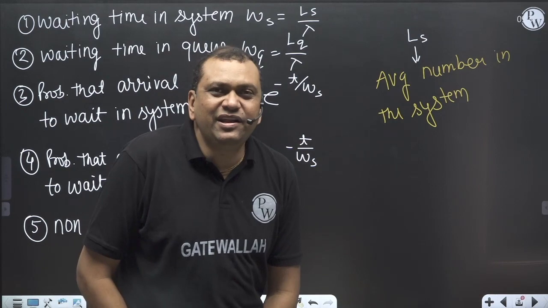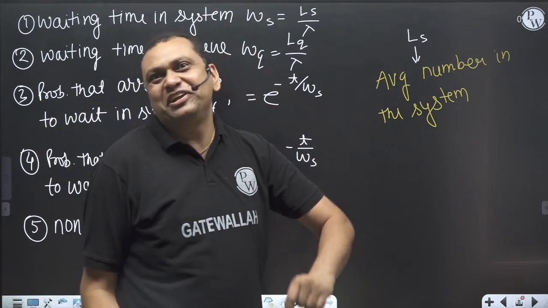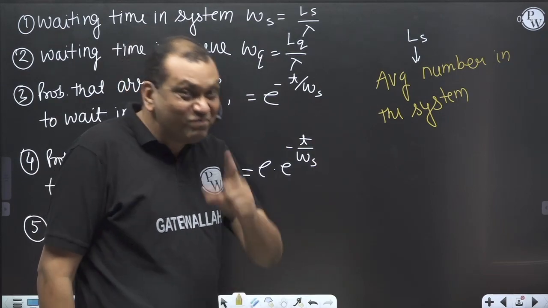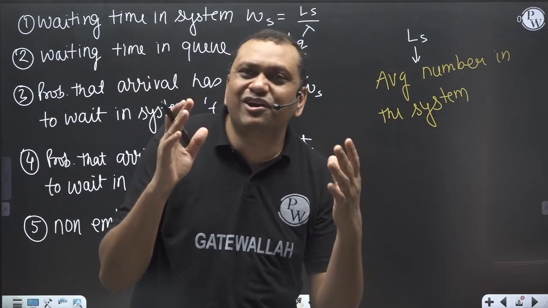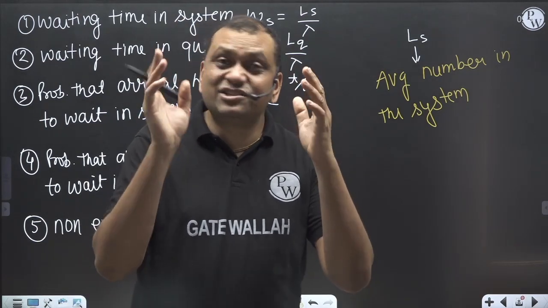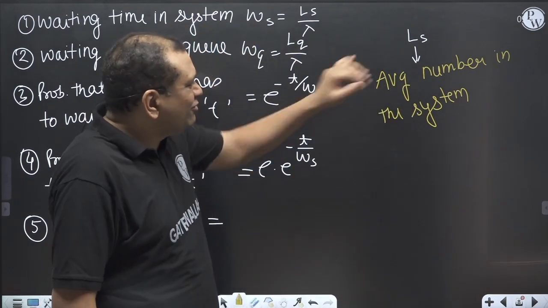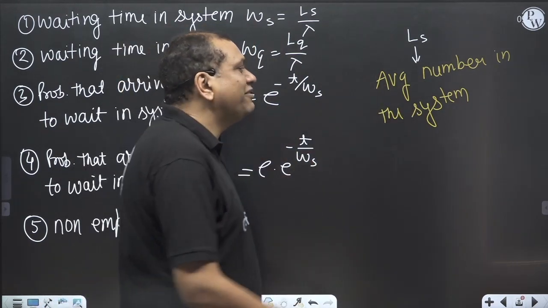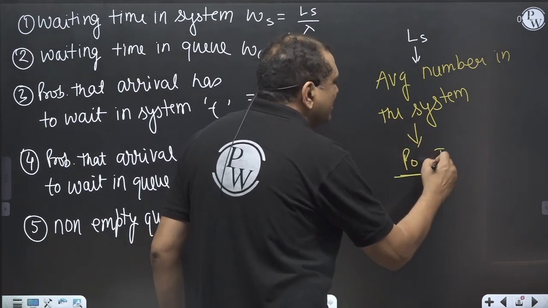The time period during which the system is idle, that time also we have taken into consideration. Once again, this Ls is the average number of customers in the system, but while calculating the average, we have added the time during which the system is idle.